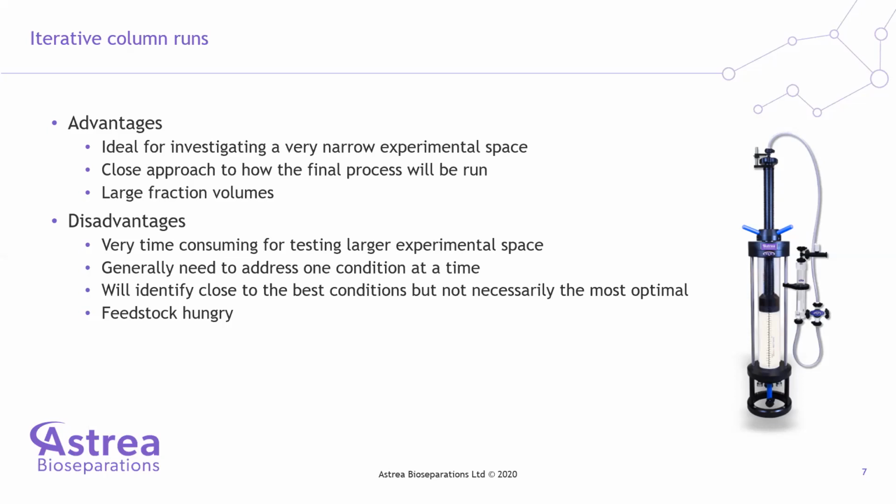You would have to pick one and then the other. So you would start with pH and screen your pH range and find your optimal pH, which might be, say, pH 8, and then adjust your buffer at pH 8 for your different salt concentrations.